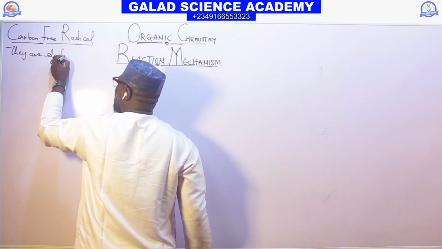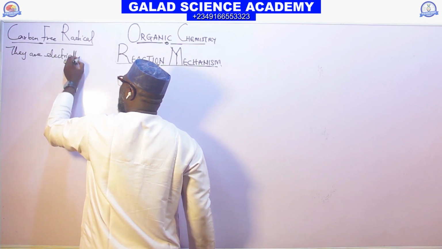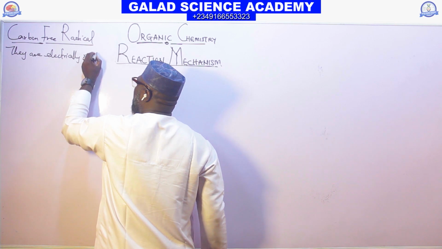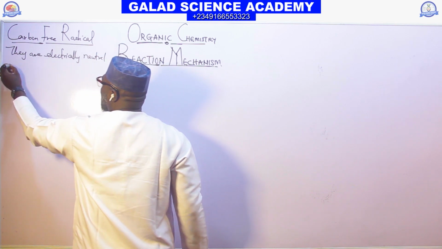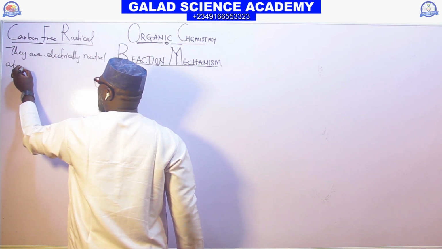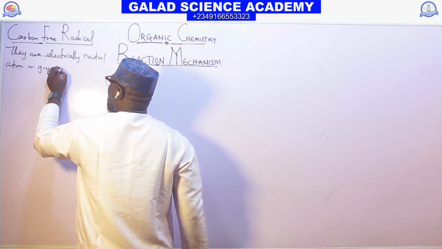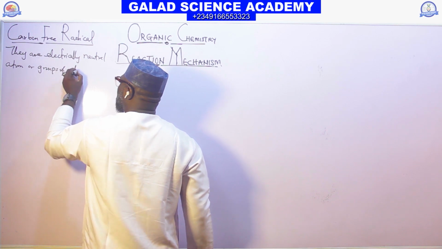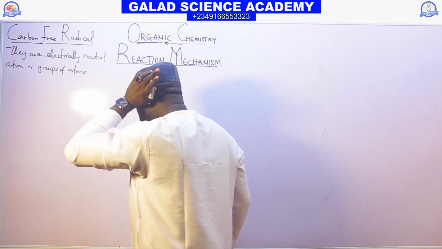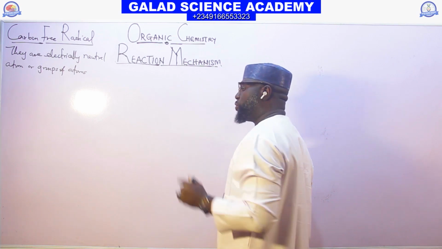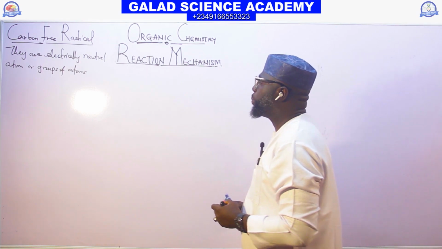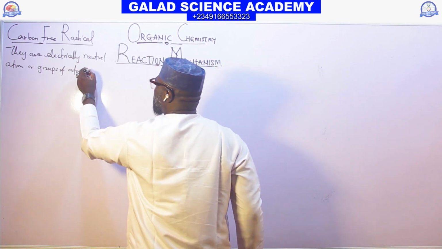Electrically neutral atom or group of atoms. They are electrically neutral what? Atom or group of what? Atom possessing unpaired electron.